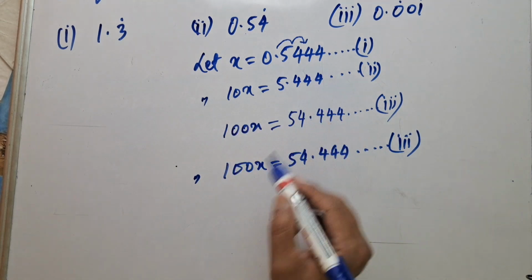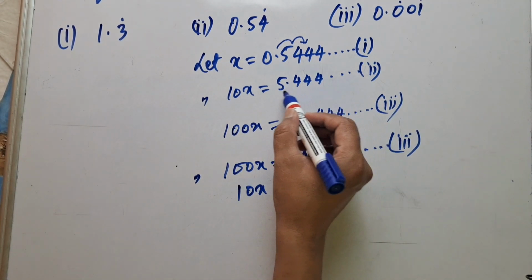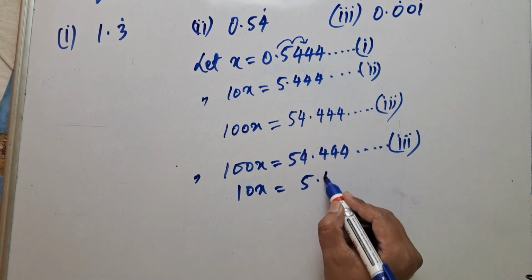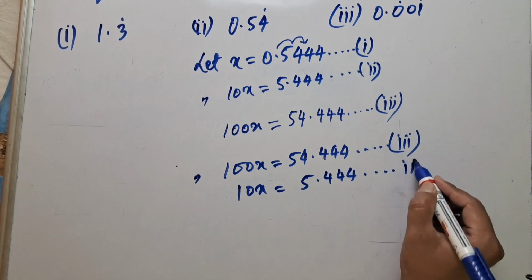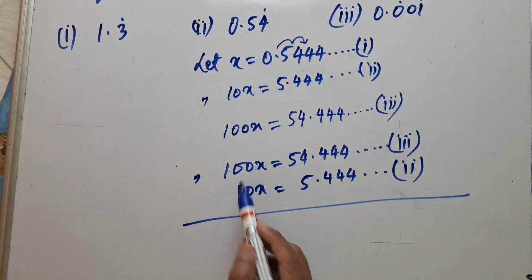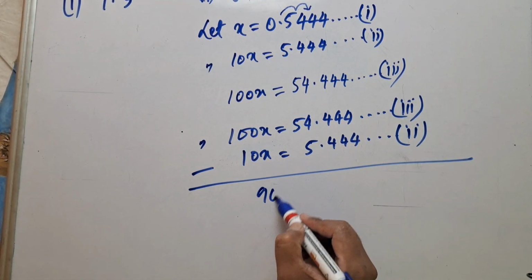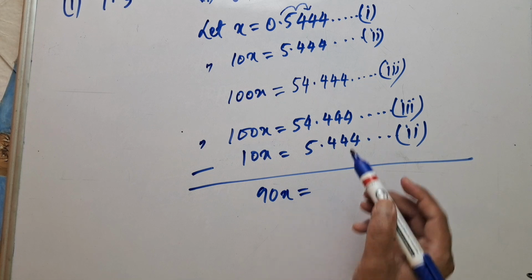And equation 2 is 10x equal to 5.4444 and so on. This is equation 2, isn't it? So let us subtract equation 2 from equation 3. Subtracting, 100x minus 10x will give us 90x.